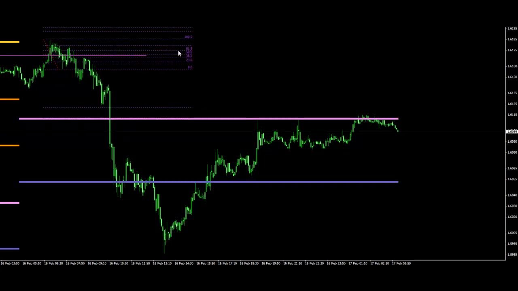Here's our 62% retracement level right here, and right here is our 79% retracement level. Optimal trade entry right in here. So on this candle was your opportunity to get short. Now, I used 161.70, and 162 was my protective stop.